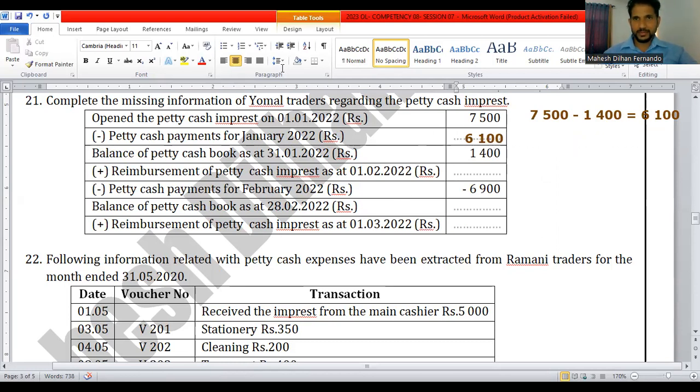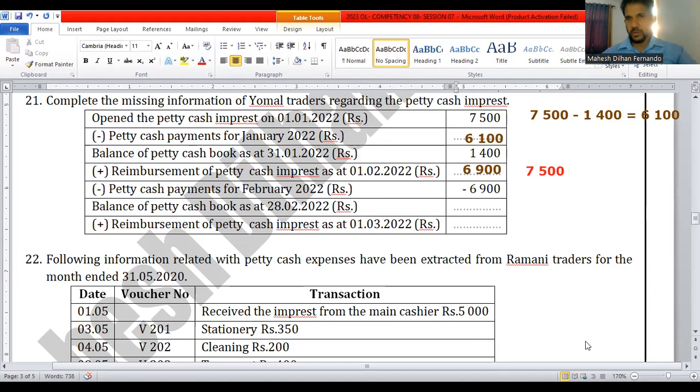Then how much do we have to reimburse? The same amount, 6,100. Then, after this reimbursement, the balance is again made up to 7,500.